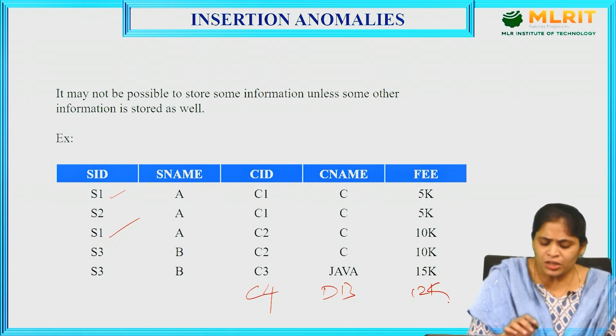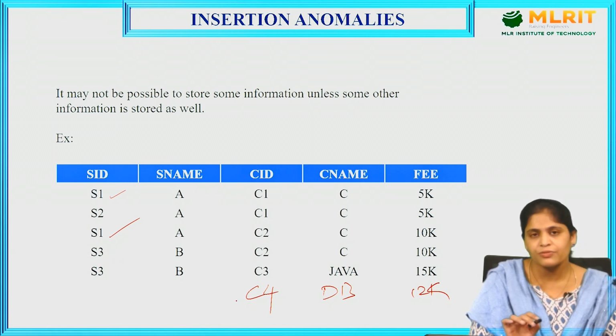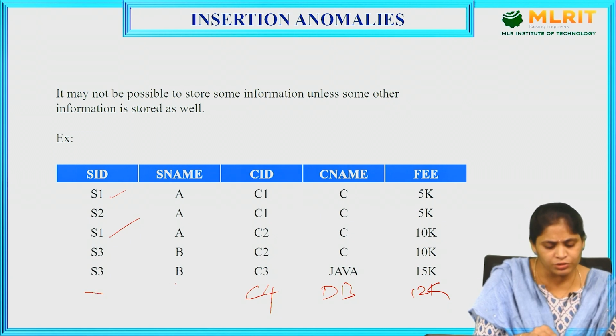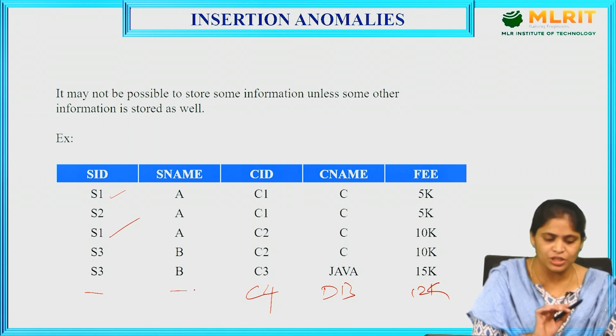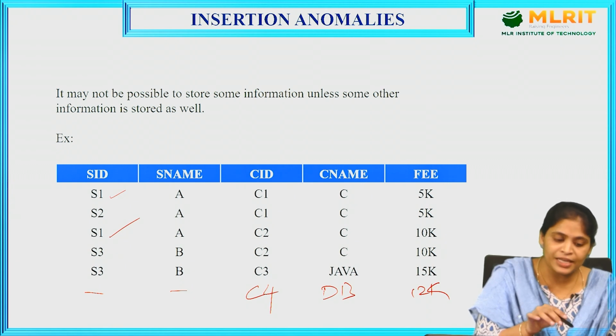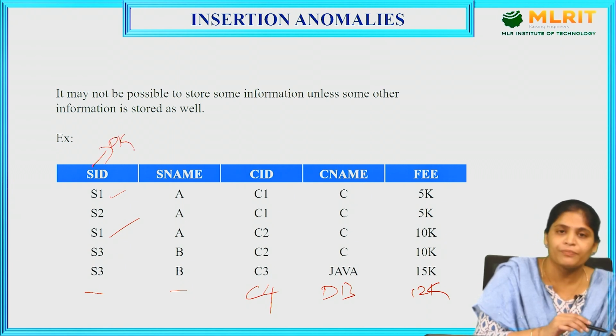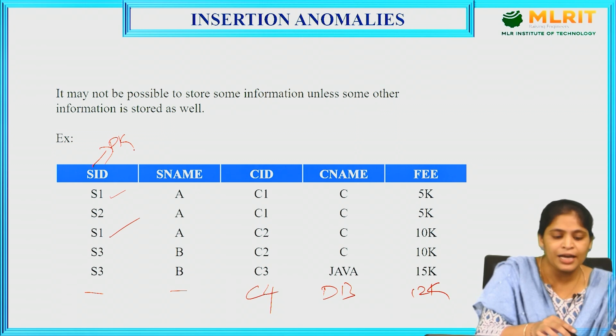Till now no student has been enrolled in this course, so I have to keep blank for SID and SName. But in some cases we used to take SID as primary key.